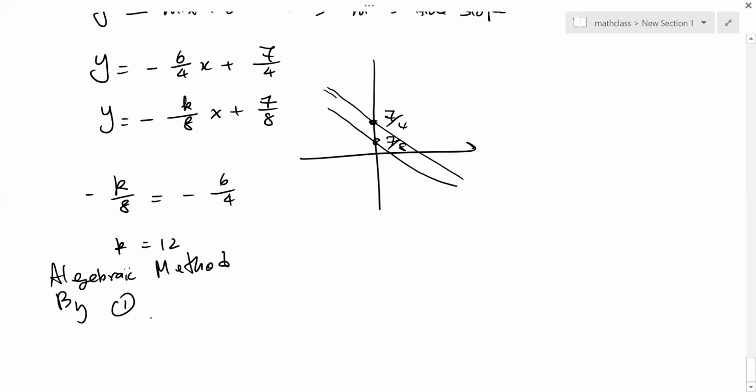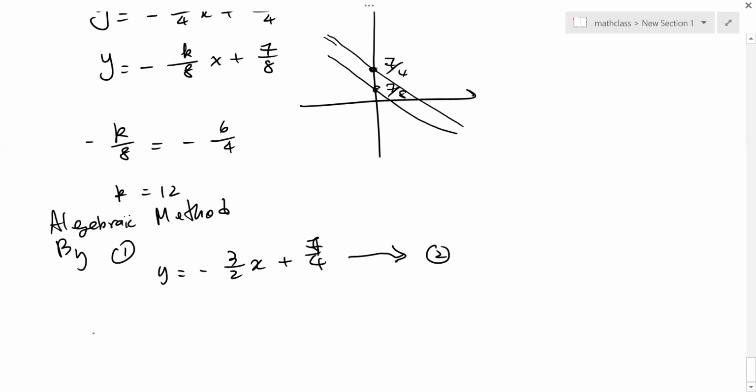By the first equation, y equals negative 3 over 2 x plus 7 over 4. Then you plug into the second equation, and you will get kx plus 8 times negative 3 over 2 x plus 7 over 4 equals 7.